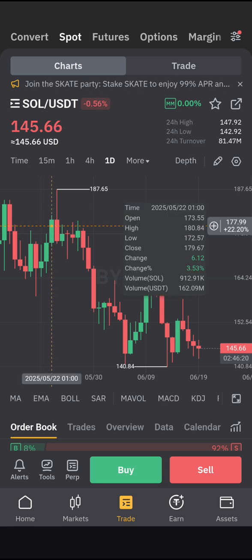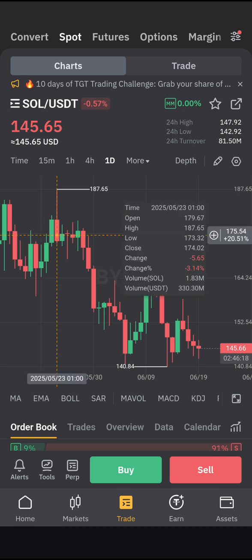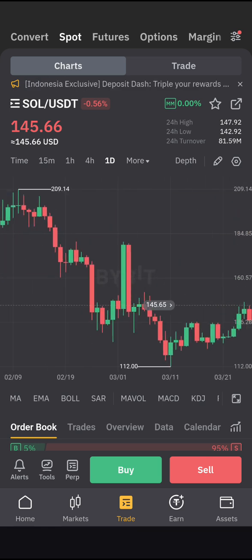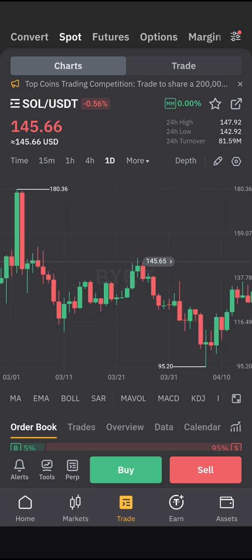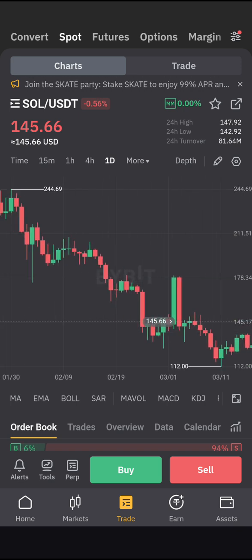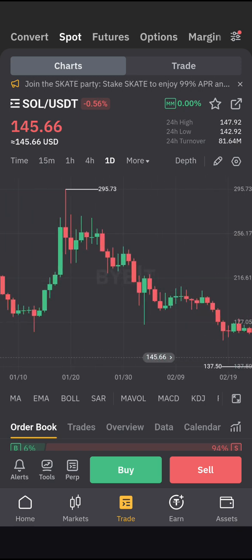When was this? This was actually showing a long time ago, which is last month, on the 23rd of last month. You can see how this very coin has been declining since last month.